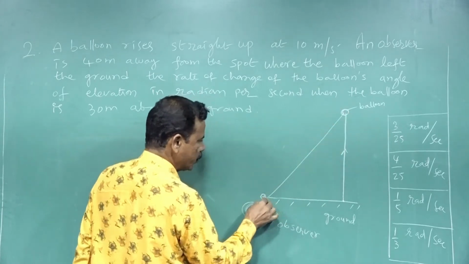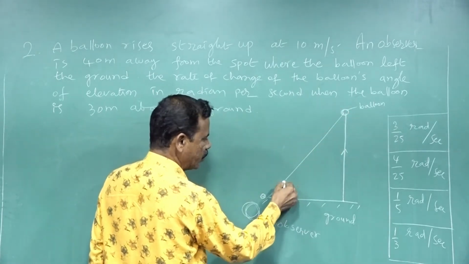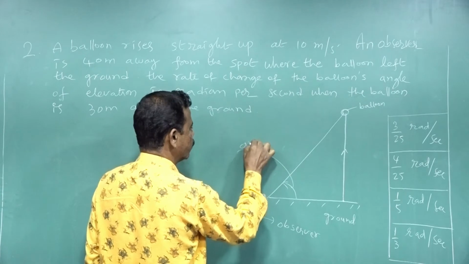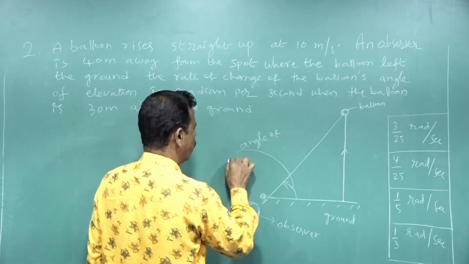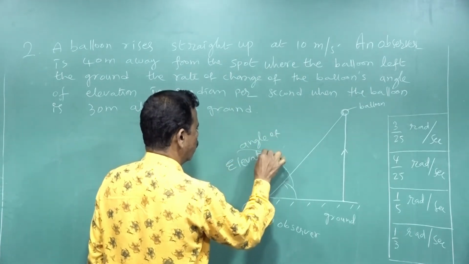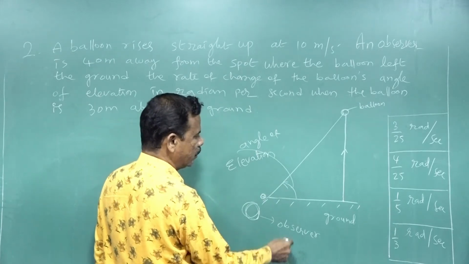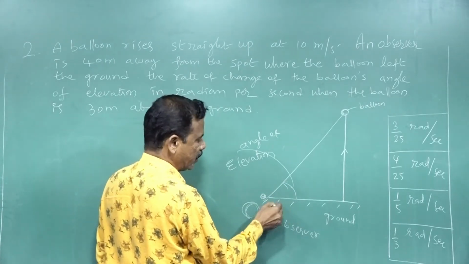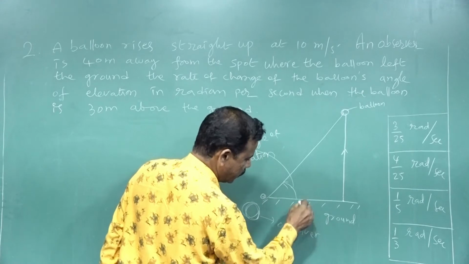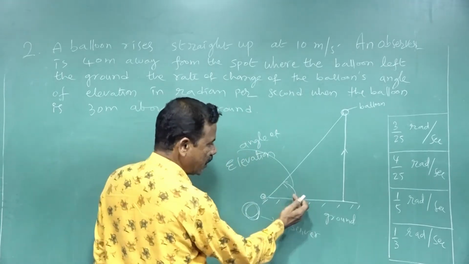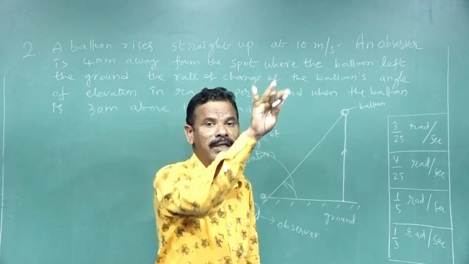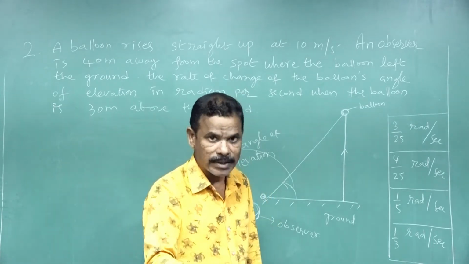This is the angle of elevation. The upside angle is the elevation angle. If the angle is downside, then it is the angle of depression. Up angle is elevation, down angle is depression.